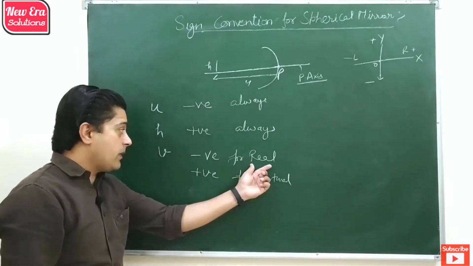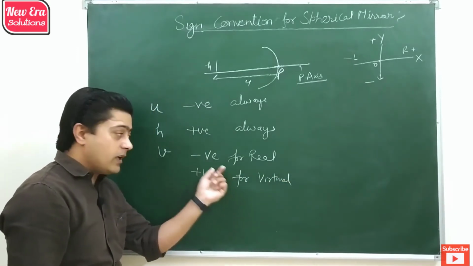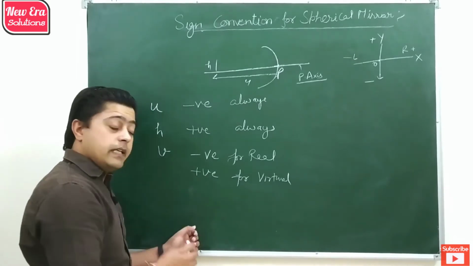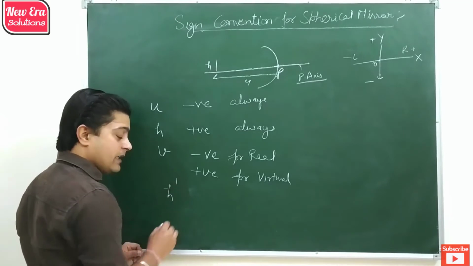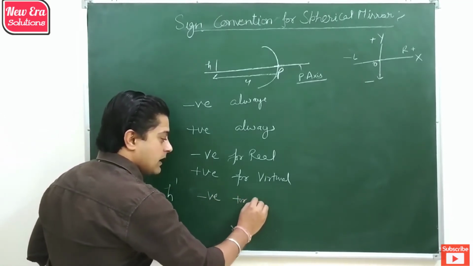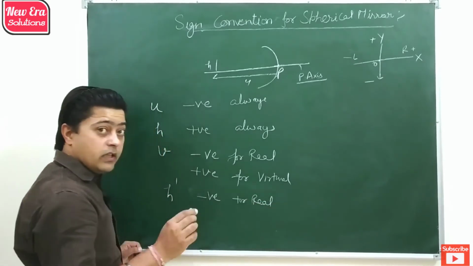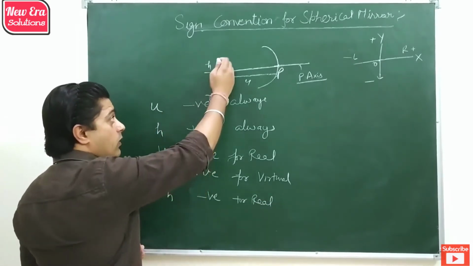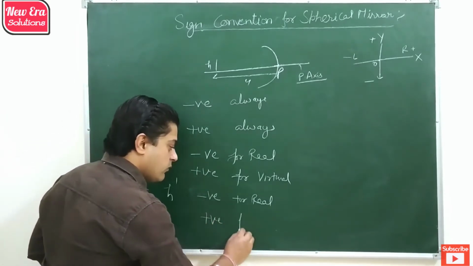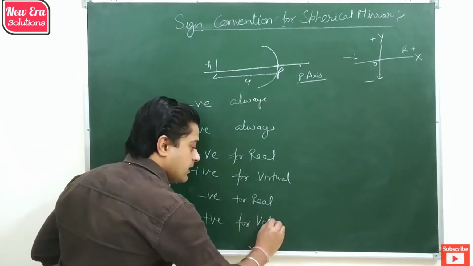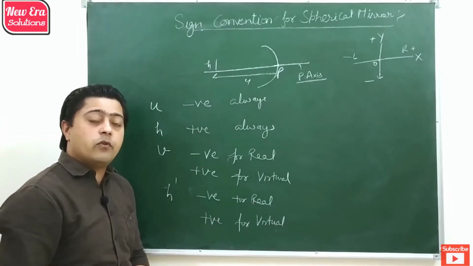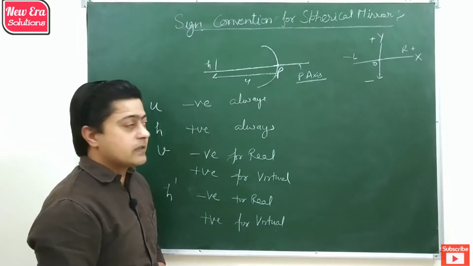So for a real image v is negative, and for a virtual image v is taken with a positive sign. Then the height of the image h dash is negative for a real image, because we know a real image is always inverted and forms below the principal axis, and positive for a virtual image, because virtual images are erect, so they are formed above the principal axis.